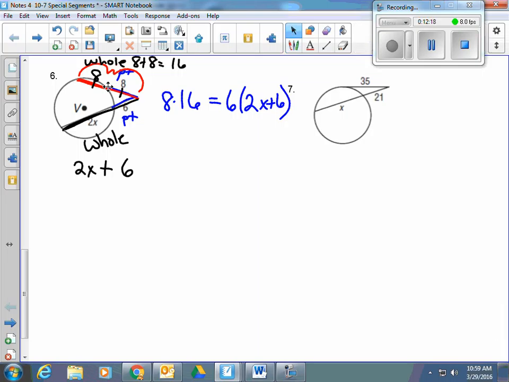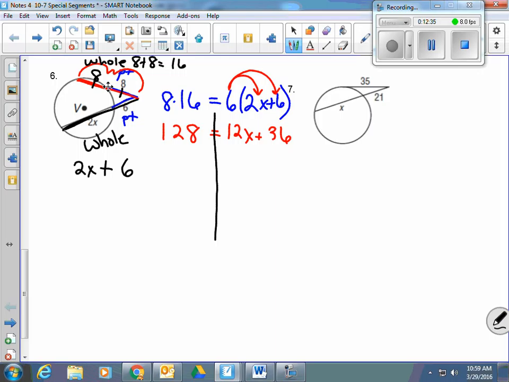Right? What do I need to do now? Distribute out. What's 6 times 2x? 12x. What's 6 times 6? What's 8 times 16? 128. Now what? Good. Subtract 36 from both sides.